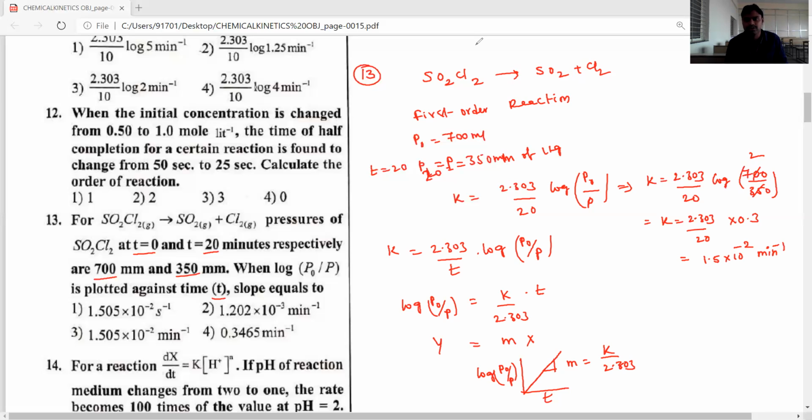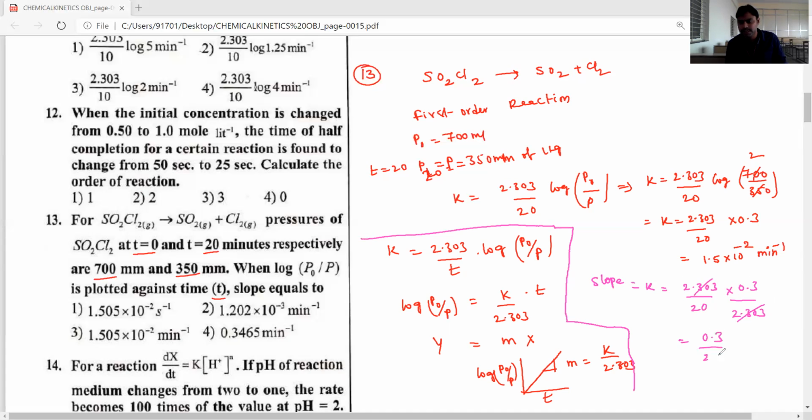Then actually in this equation we have to find out the slope. Slope m is equal to the k value by 2.303. K is actually 2.303 by 20 into 0.3, divided by 2.303. This 2.303 will cancel.